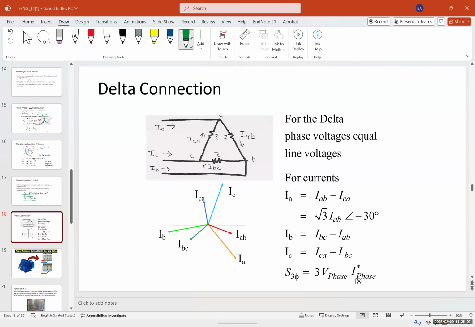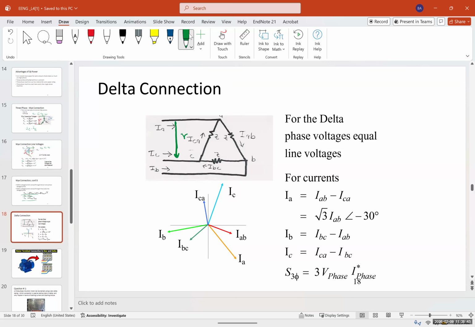Now, another type of three-phase connection, which you're already familiar with as well, is called the three-phase delta connection. And again, here the magnitudes of the voltage and current are equal for the three phases. It's balanced. But the relation between the phase and line voltage and the phase and line current is the opposite of a star or Y connection.